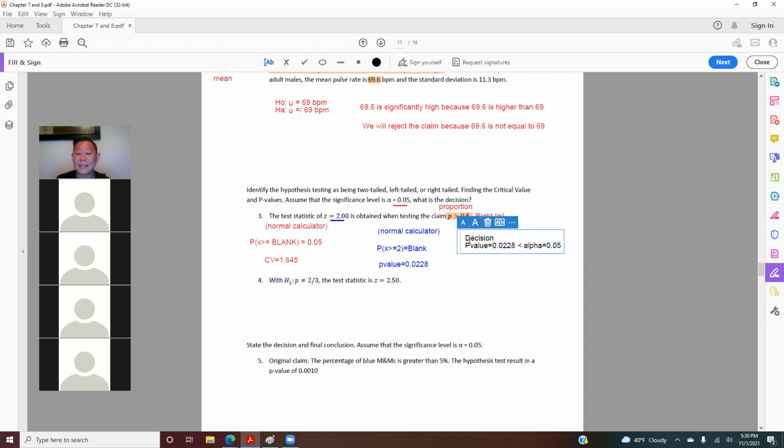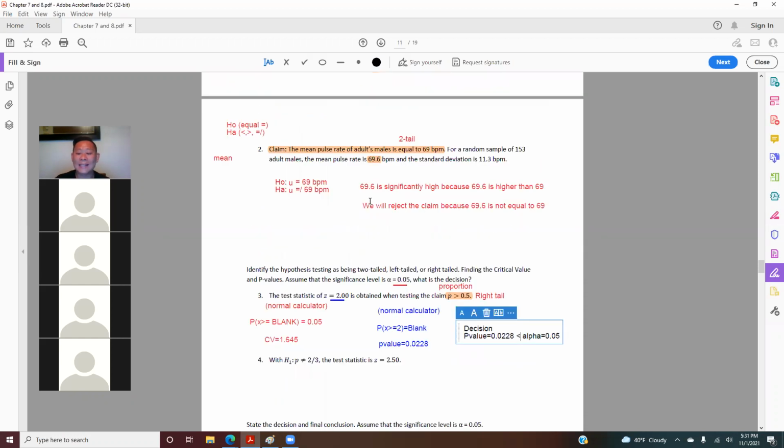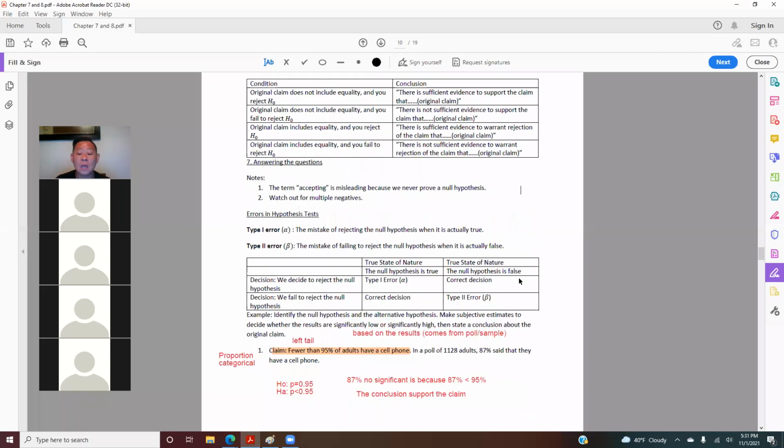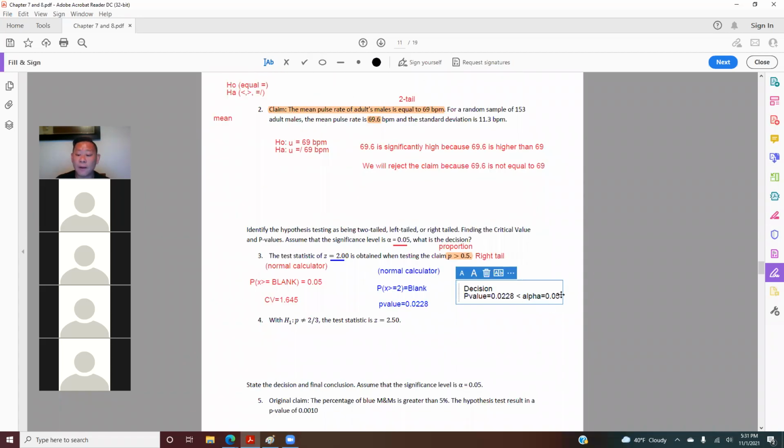So again, this decision has nothing to do with that greater symbol. Do not just look at the greater and put, no, this is based on the p-value and the alpha that we have. So if your p-value is less than alpha, the decision here will be, we will reject H0.